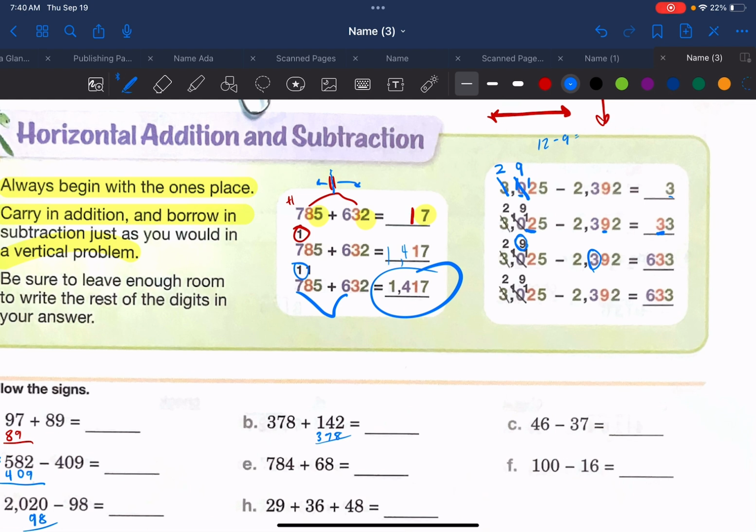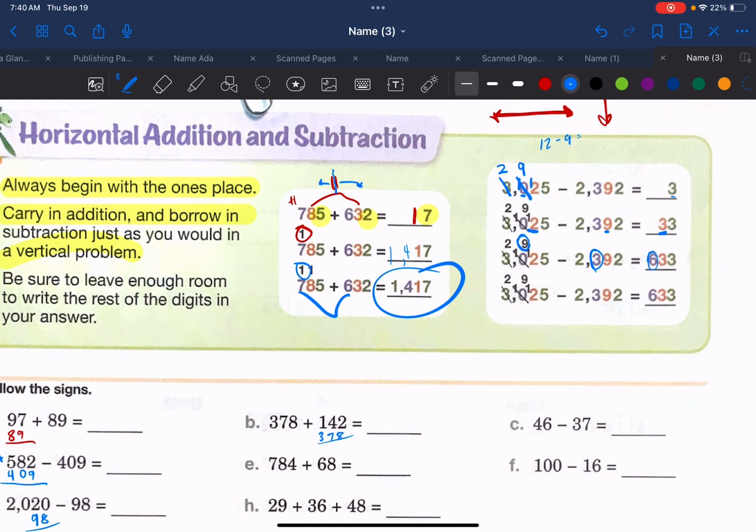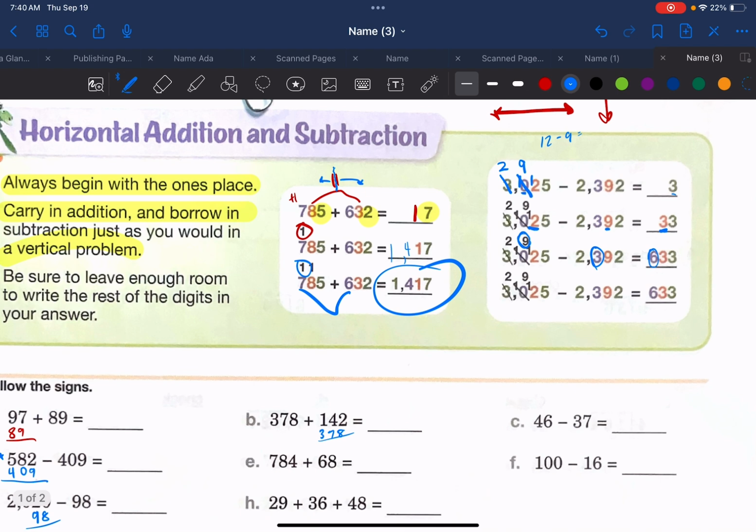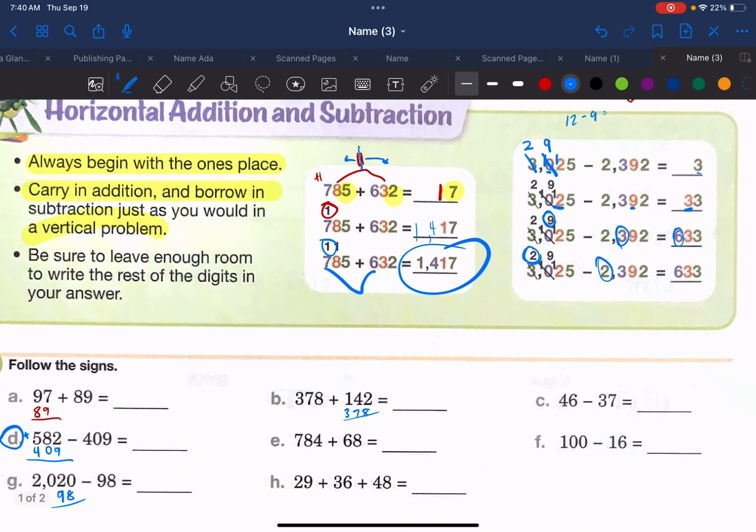You're taking purple away from purple. 9 take away 3 is 6, so now you have a 6 in the hundreds. And now if I go to my last one, since I crossed out the 3 and made it a 2 a while ago, I have 2 take away 2, which is 0. You don't need to write a 0 in the front of a number if it's going to be the first digit. So it's just 633.